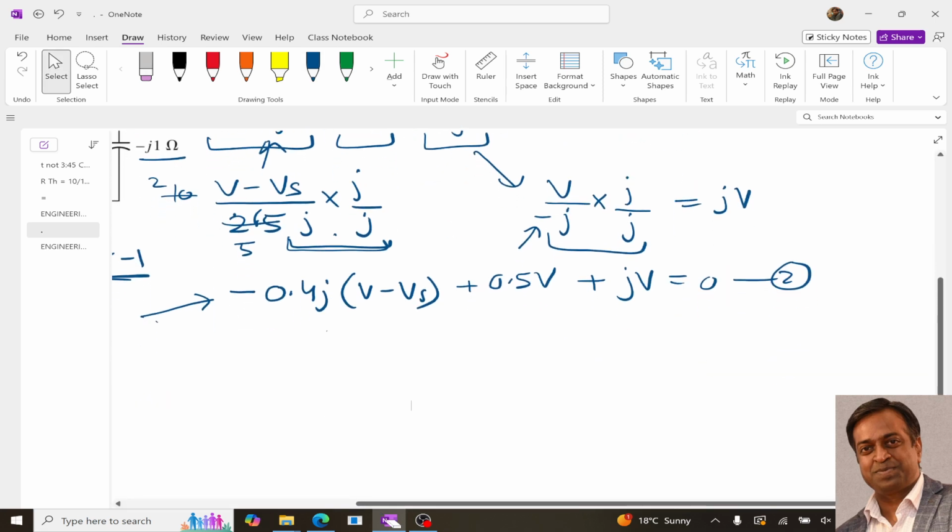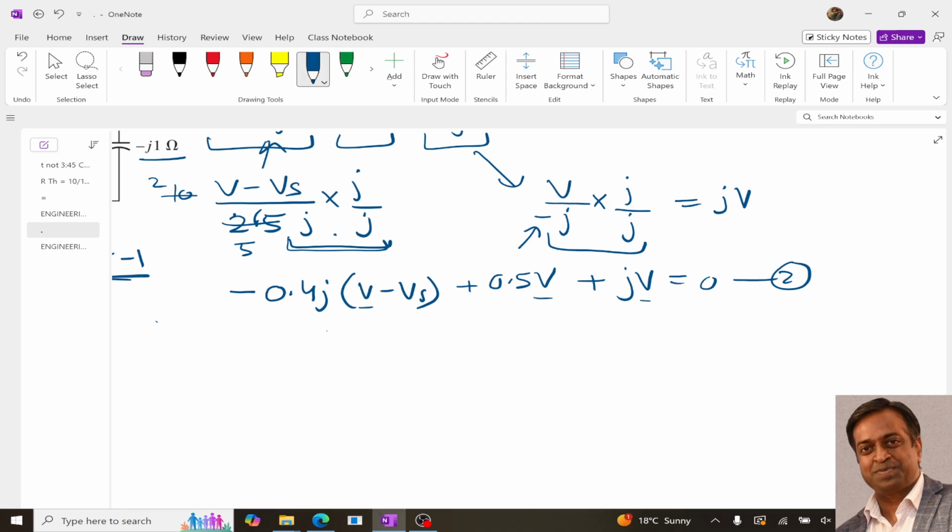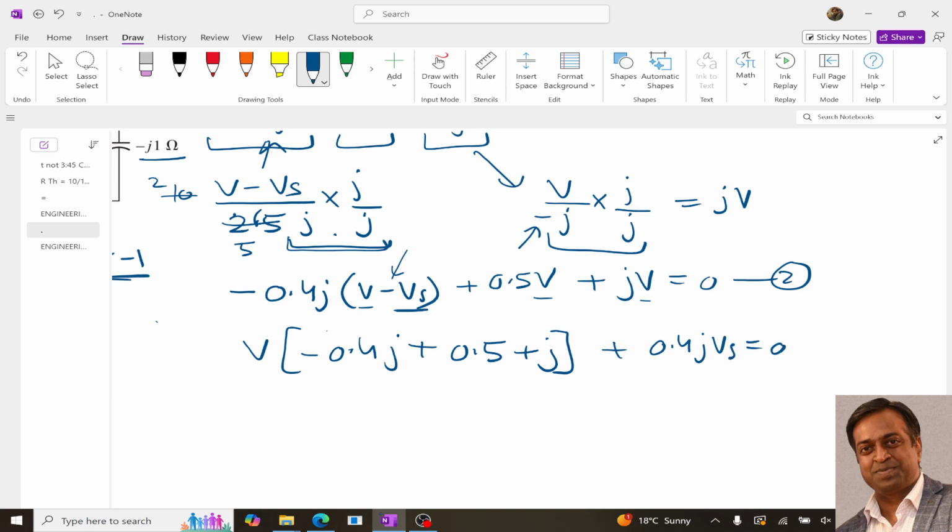Taking all the V's together, we get V as common, so we get minus 0.4j plus 0.5 plus j. And this Vs, since it is negative here, will be 0.4j Vs equal to 0. Taking this term to the right side, we can write it as minus.